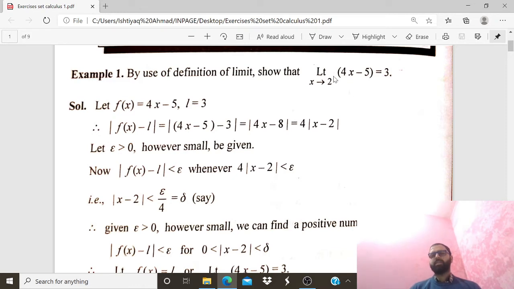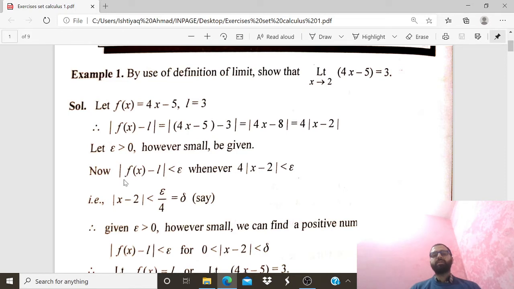Here the function f(x) is 4x minus 5 and the limit is 3, so we are interested in finding mod of f(x) minus L, which comes out to be 4 times mod of x minus 2.